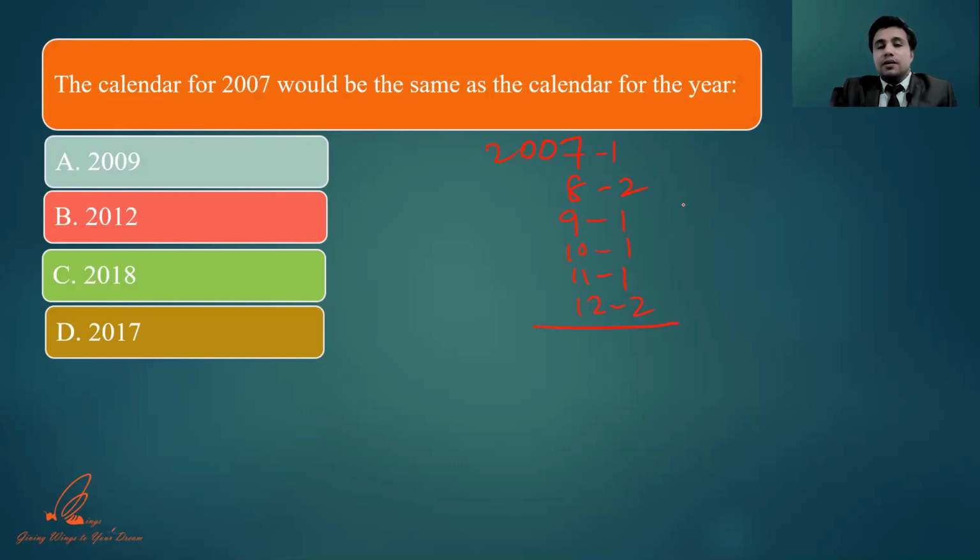So we get 8 here; 7 is not coming, so we have to go on. 2013, 1 odd day, 2014, 1, 2015, 1, 2016, 2, 2017, 1. Now the total is 14 odd days. Divide by 7, we get 0 remainder, which means the odd days are 0 here. That's why the next year is going to have the same calendar. So the answer is 2018.